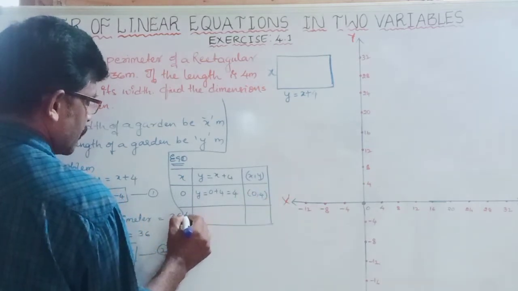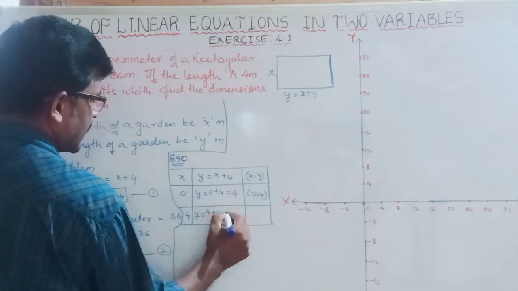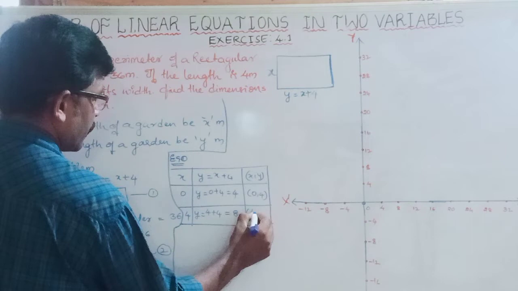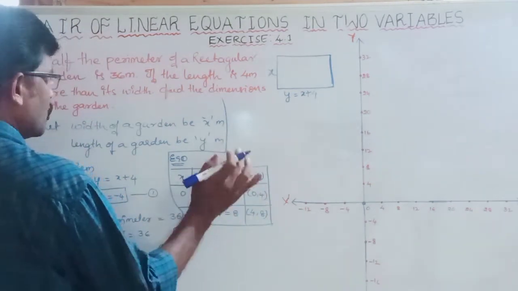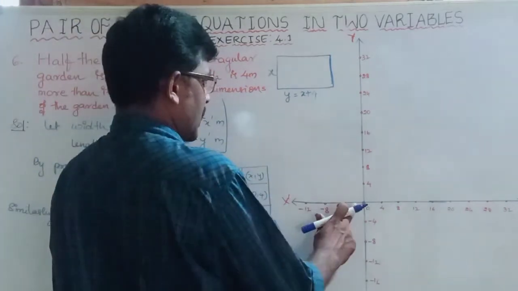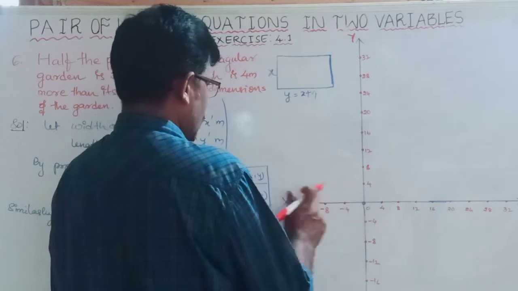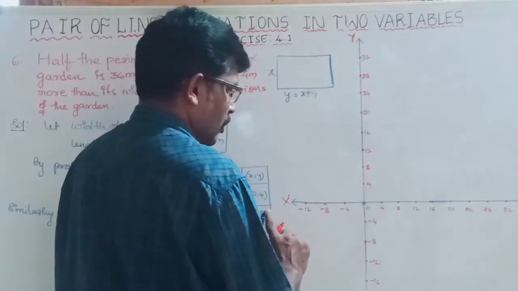If x equals 4, then y equals 4 plus 4, which is 8, so 4 comma 8. These 2 points are plotted on graph paper. 0 comma 4: x equals 0, y equals 4.